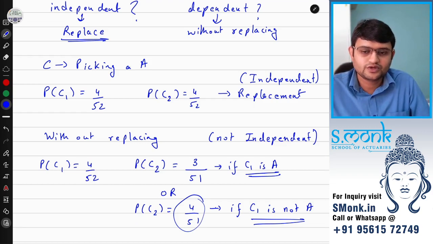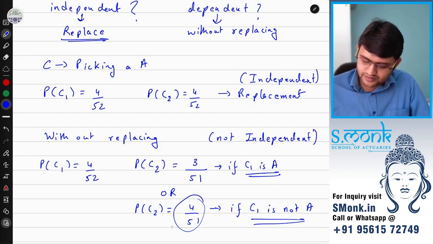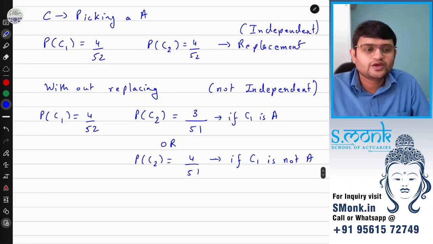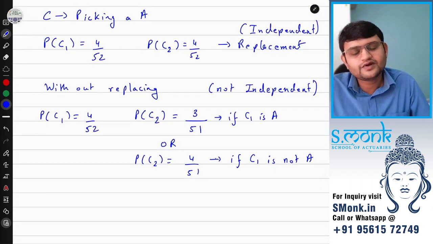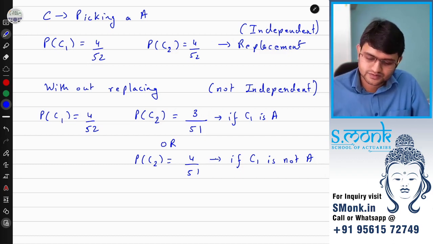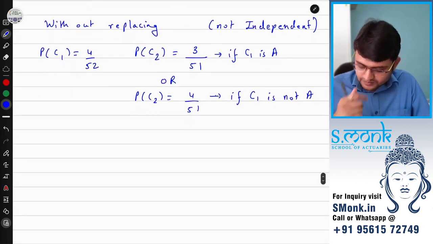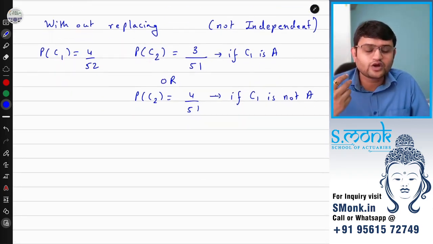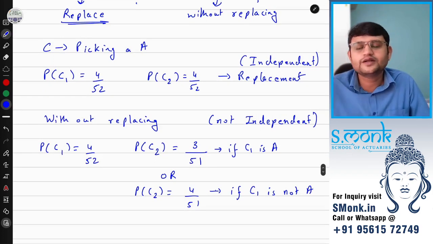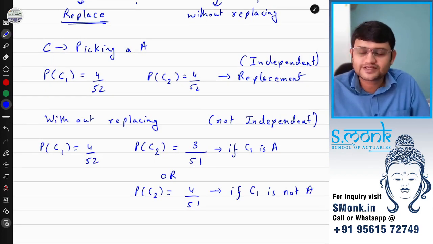So technically we should call it not independent. Why do we not write it as dependent? We'll talk about it later. We have a whole chapter for that. So now you understand, when we are talking about independence or not independence, it matters whether we can replace the first item or not after selection.